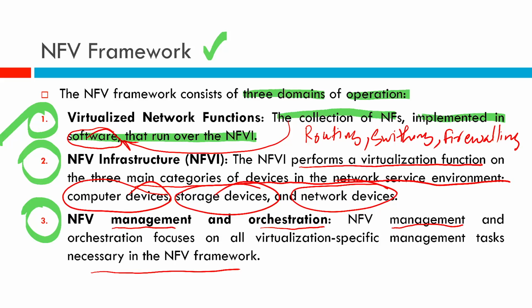You have to understand that virtualized network functions are functions decoupled from hardware to software. The other one performs a virtualization function on the three main categories: compute devices, storage devices, and network devices. Then we see monitoring, management, and orchestration making every device function together.